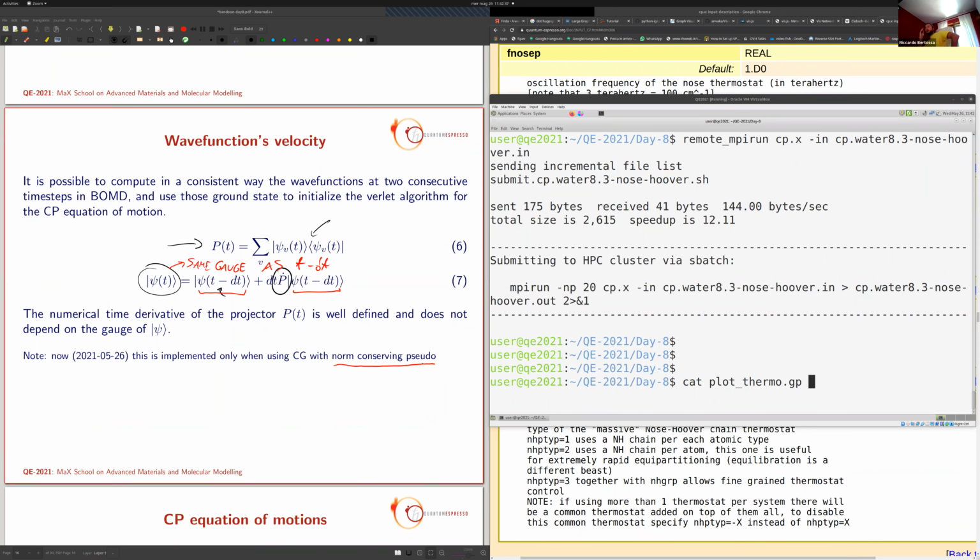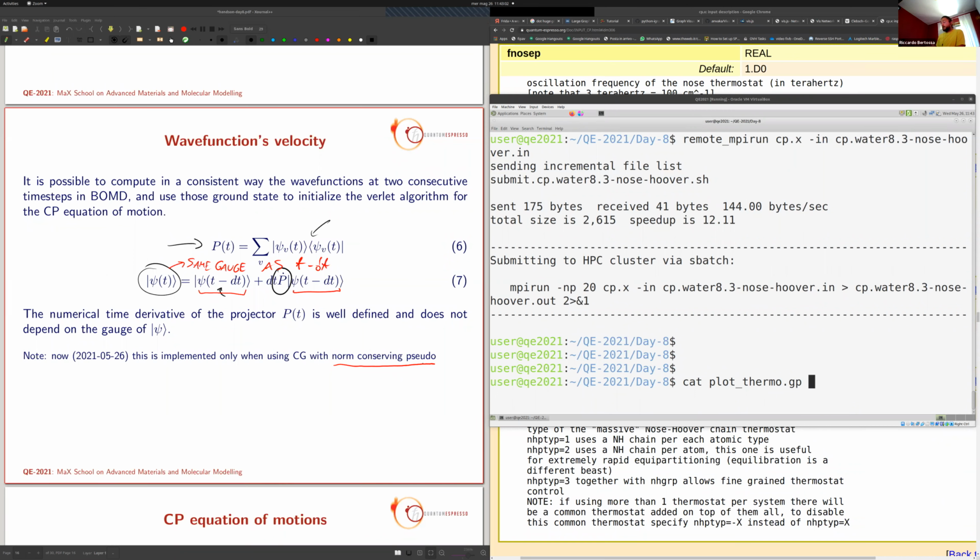So there are some features of the code, usually the more advanced they are, the fewer the pseudopotential types that are implemented. For norm-conserving, you have everything implemented. You can use whatever pseudopotential you think is good enough for your system.